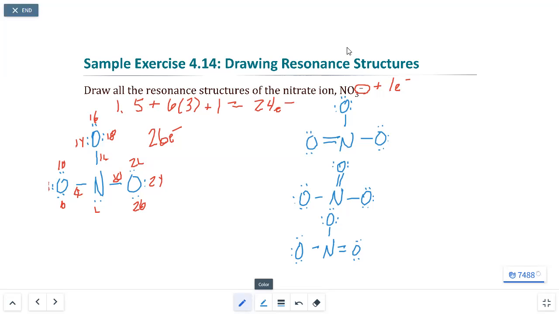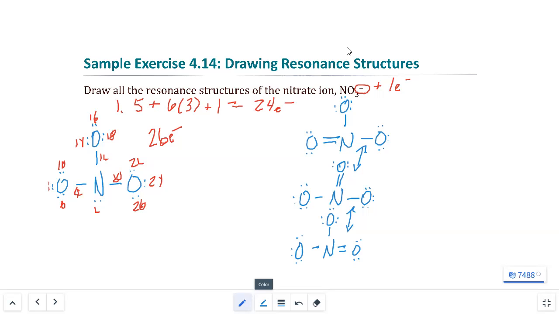Now, how do we show that these 3 structures are equivalent to each other? We can connect them with double-headed arrows to show that they are resonance structures of each other, that they are all equivalent.